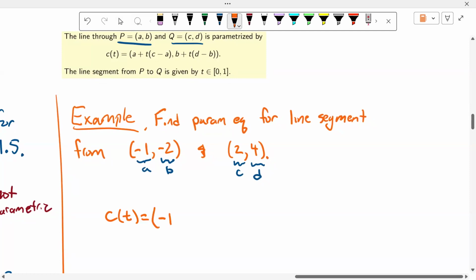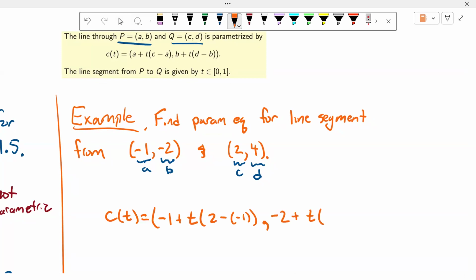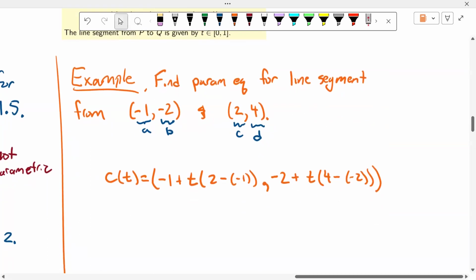And so the formula gives it away for you. It'll be -1 plus t times my c, 2 minus -1. And then I'll have -2 plus t times 4 minus -2. That's awful looking. And if I multiply through here, I'll get -1 plus, well, what will this be? This will be 3t.